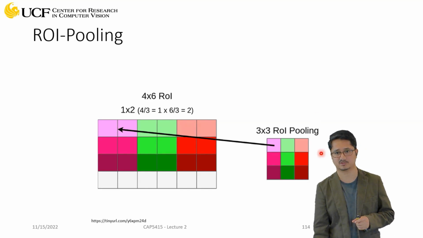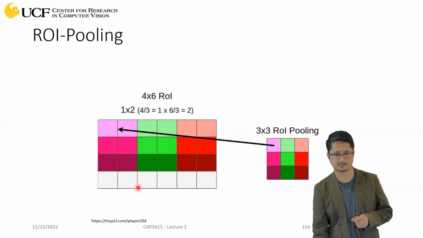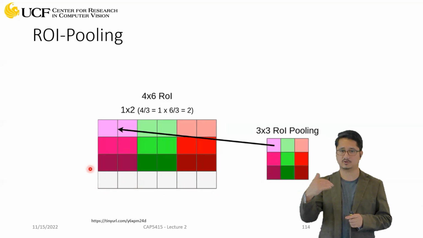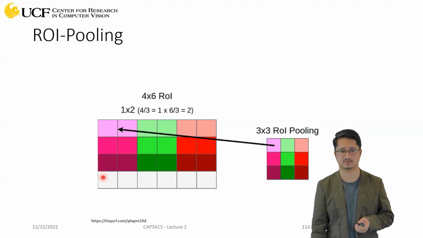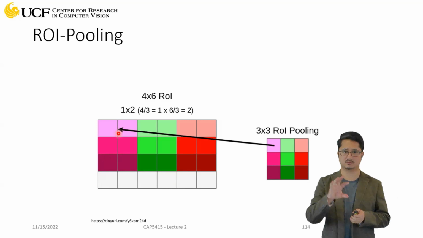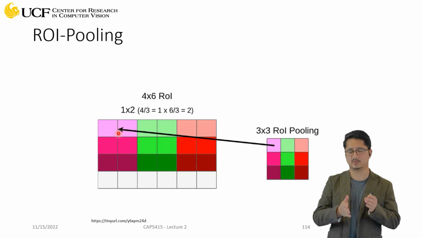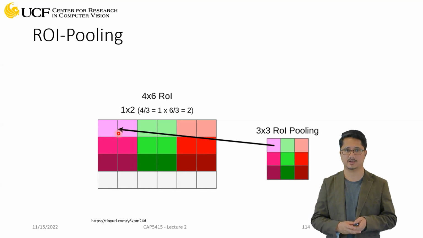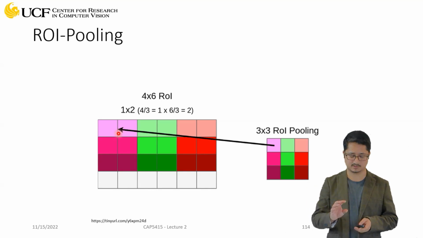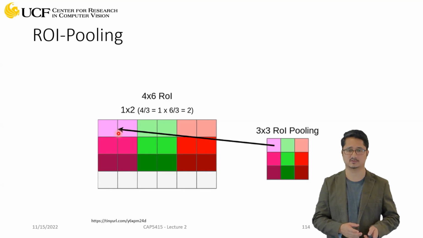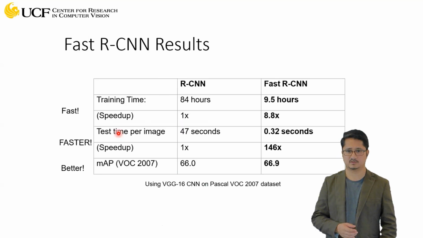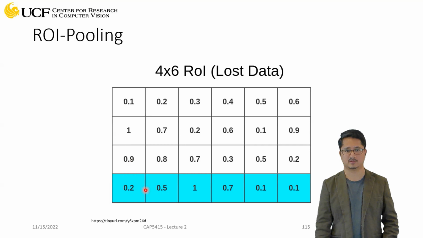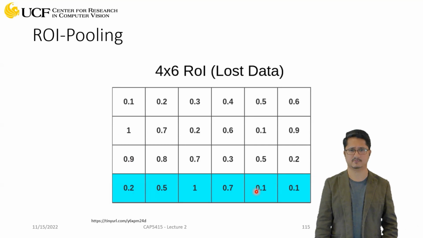You can have different variations, but you will have to ignore the last row because that's not fitting into the picture. How will you use that information? Because it's not completely dividing. So again, this is loss of information. So there are multiple ways in which we are losing information, and later we will see how we can address this. But at least in Fast RCNN, this is how it was done. Okay, so this is the lost data, which is fine.